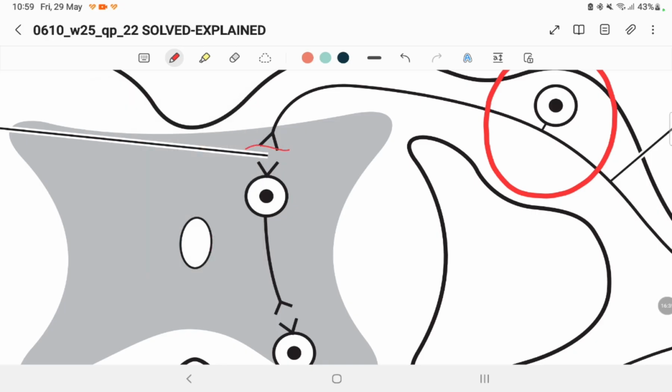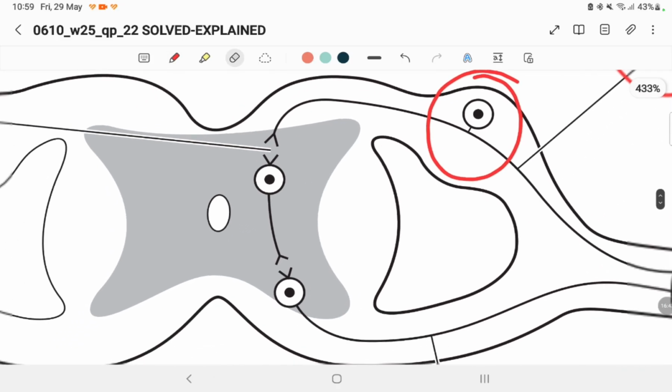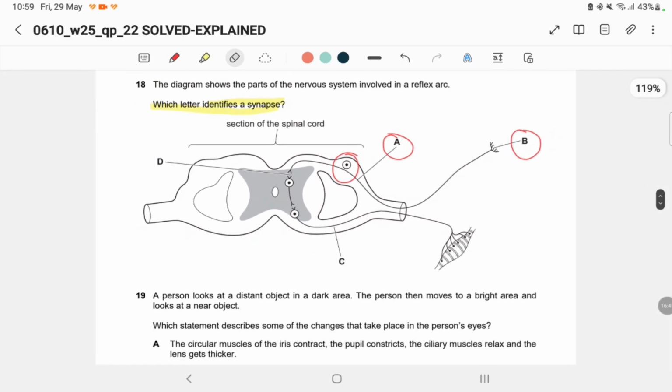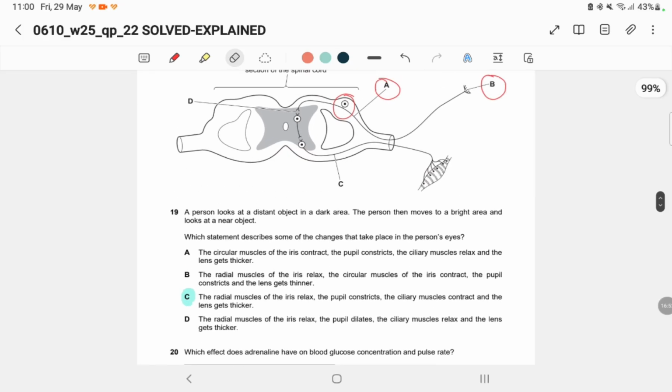It's like a space, and the junction is right here. So the final and only answer for that question is letter D. It's really basic. You just need to memorize it and understand it. It's very easy.